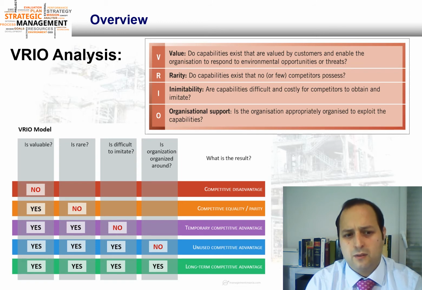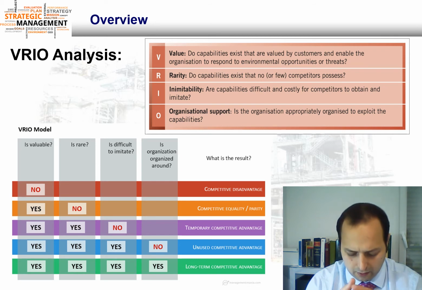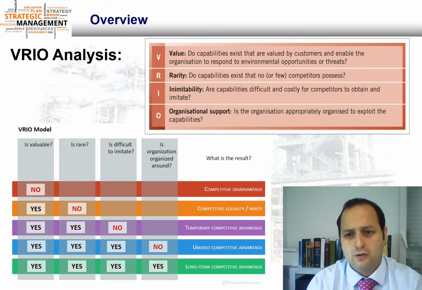In order to perform such VRIO analysis, we have to ask 4 questions. Related with value, for example, is our competitive advantage valued by our customers and does it enable the company to respond to environmental opportunities or threats? Related with rarity, is our competitive advantage unique, or do other competitors already have such a competitive advantage? Is our competitive advantage inimitable?